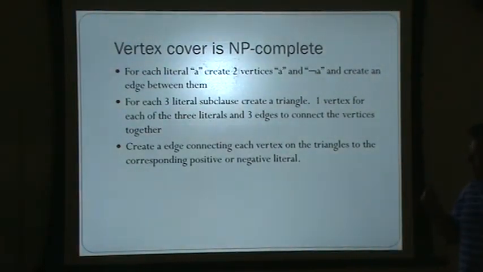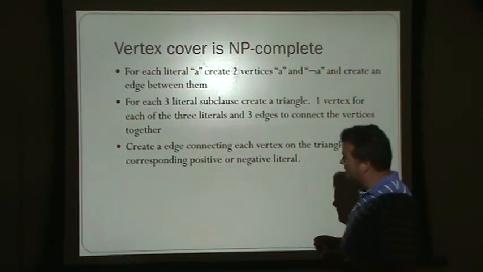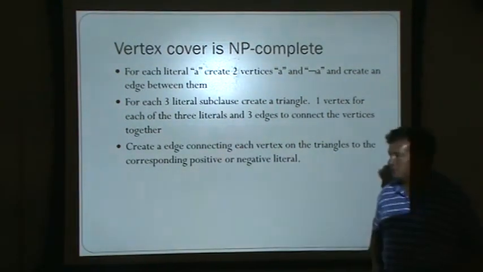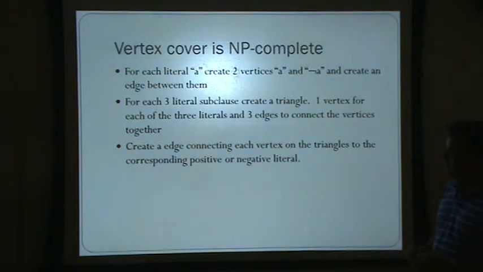Then we went on to show that the 3 literal version in conjunctive normal form is still NP complete, even though it looks like a much easier problem to solve. It's still just as hard as the original problem. So now we're going to use that problem to solve the vertex cover problem.